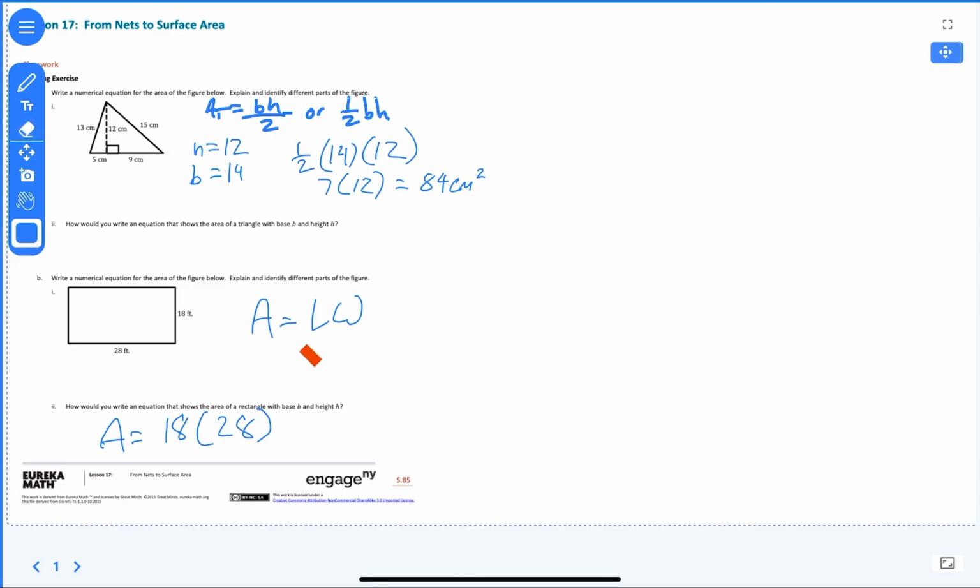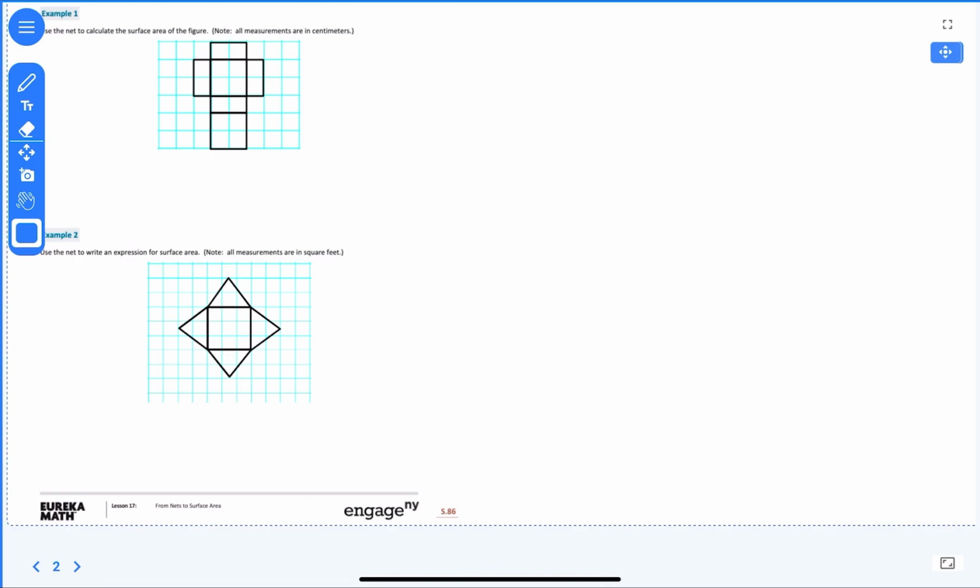And what would that be? Anybody know? 504 feet squared. All right, now we're good.